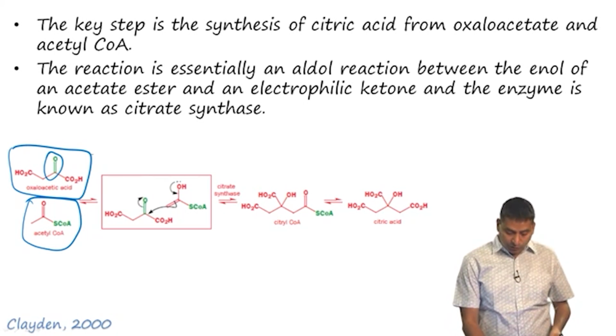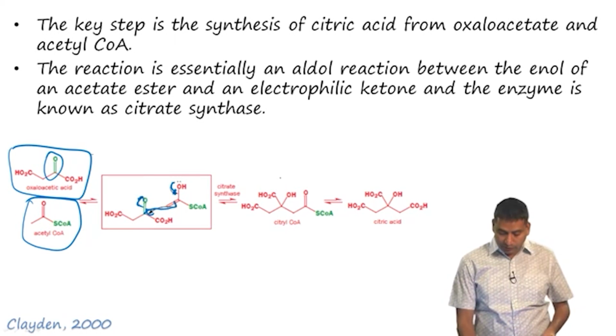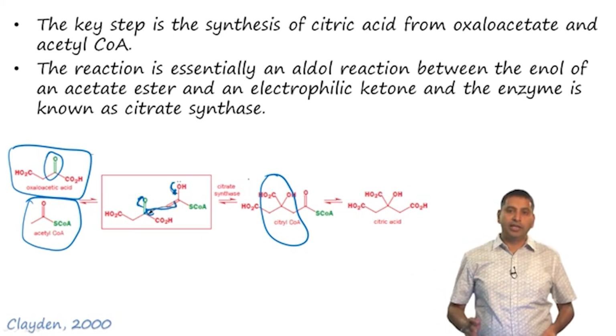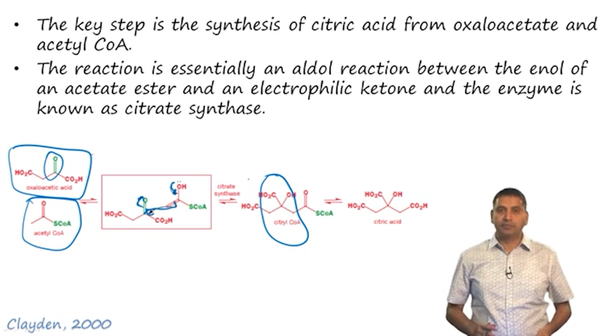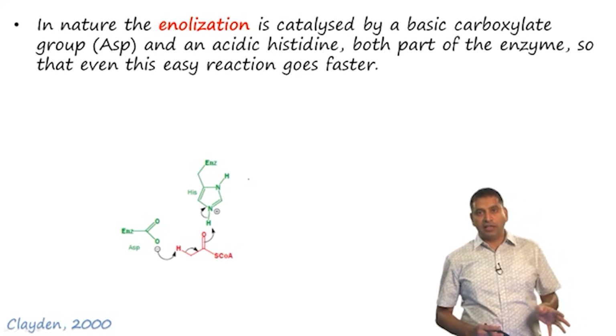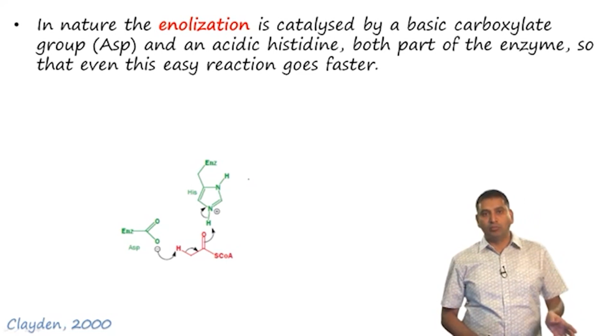So, if you push arrows from here, you end up with this reaction where the enolate is going to react and give you this citryl-CoA, and subsequently loss of the CoA can give you the corresponding citric acid. In nature, enolization is catalyzed by a basic carboxylate group such as aspartate and an acidic histidine.